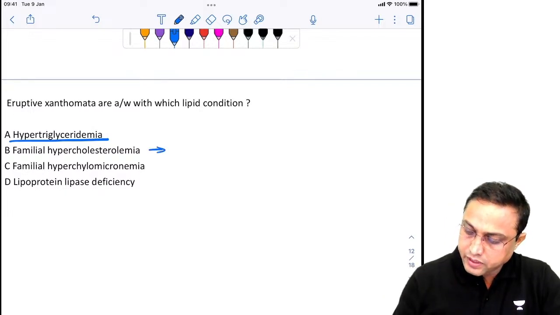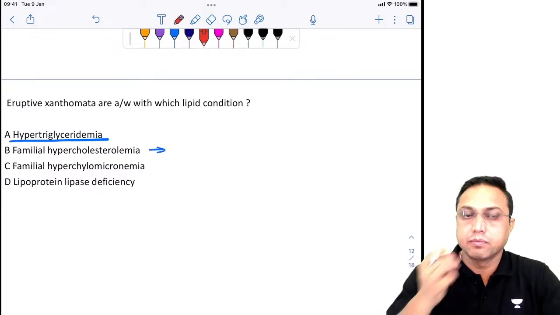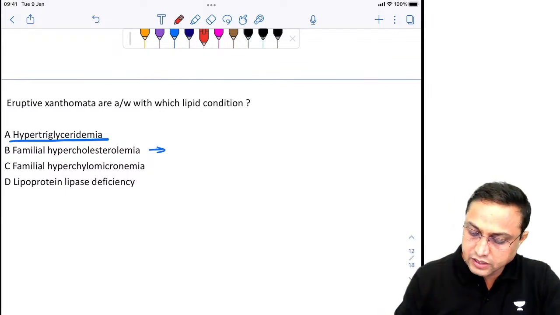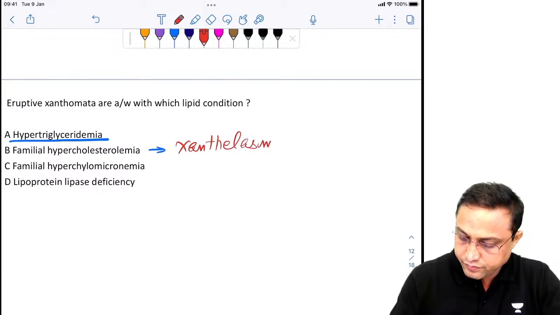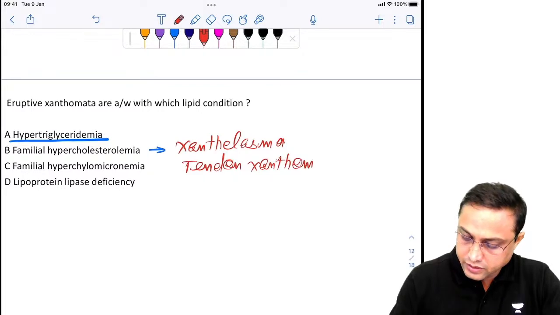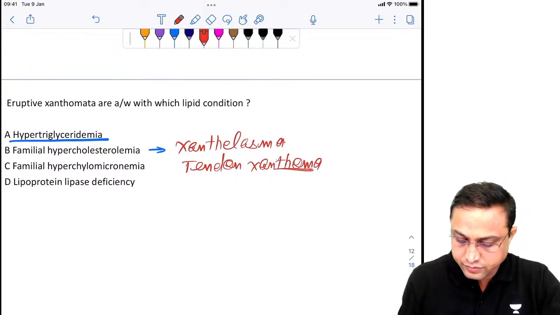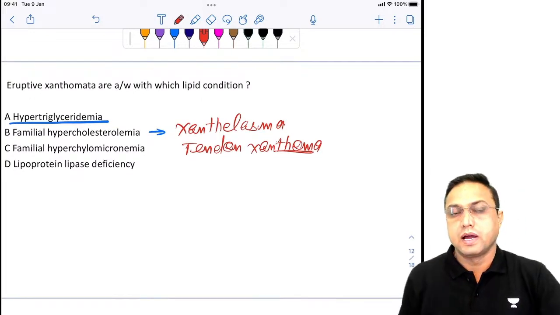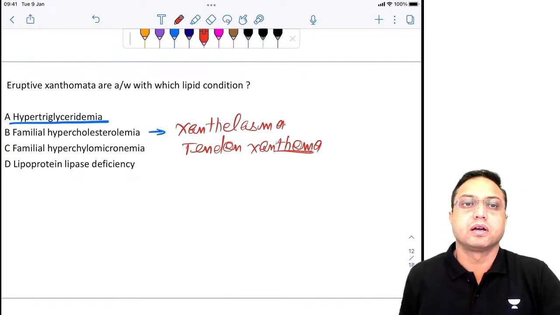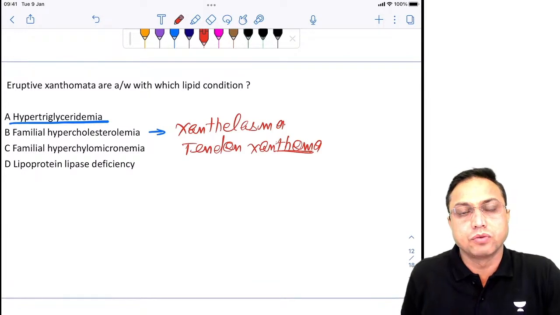See, familial hypercholesterolemia can present with xanthelasmas, or it can present with tendon xanthomas. Why am I telling you this?